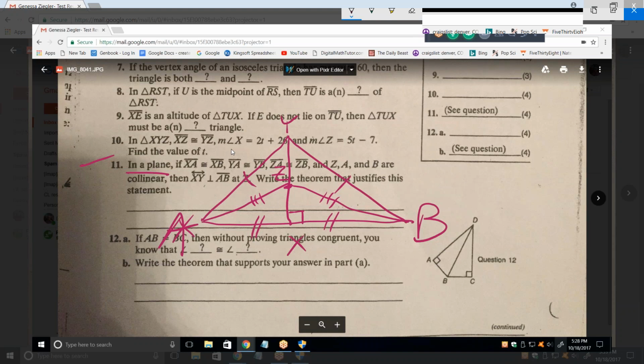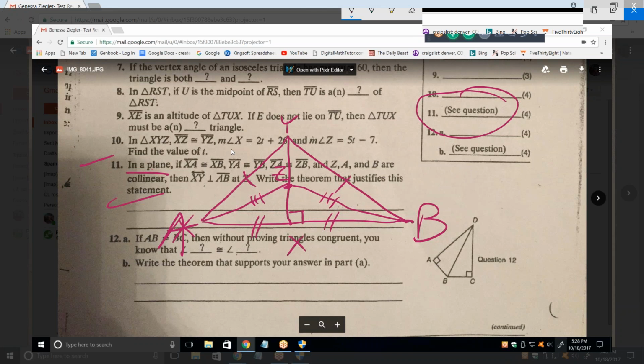Number 11 says, see question. Why do they put that comment up here? Oh, so we put it down here instead of up there. Okay, I got you. Write the theorem that says that those are perpendicular.